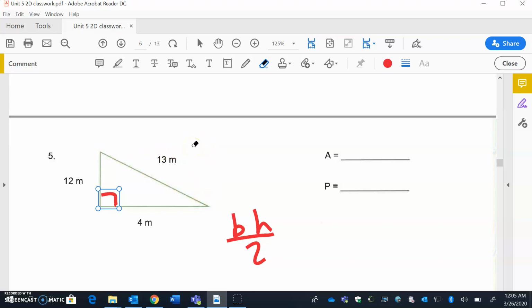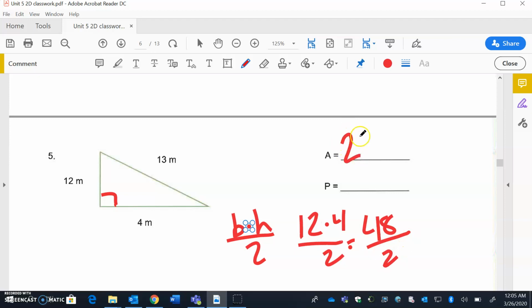And we can just jump right into it. Base and height always meet at the right angle. So it touches at 12, it touches 4. So it's going to be 12 times 4 divided by 2. So it's a 48. Chop 48 in half and you do get 24. So it's 24 meters squared.